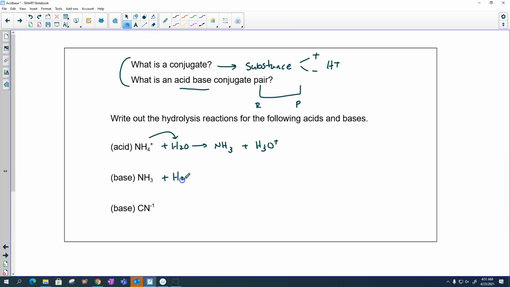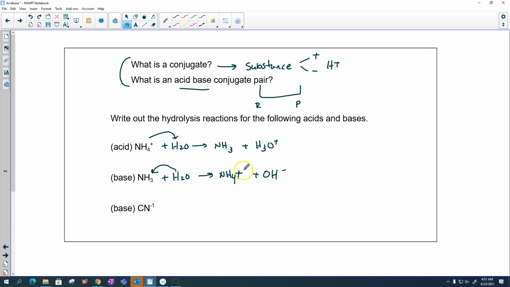Plus water yields NH4 plus and OH negative. Now that's a new one for us. I'm going to let the water donate back this way. We have yet to see that version, but that's a new idea here.